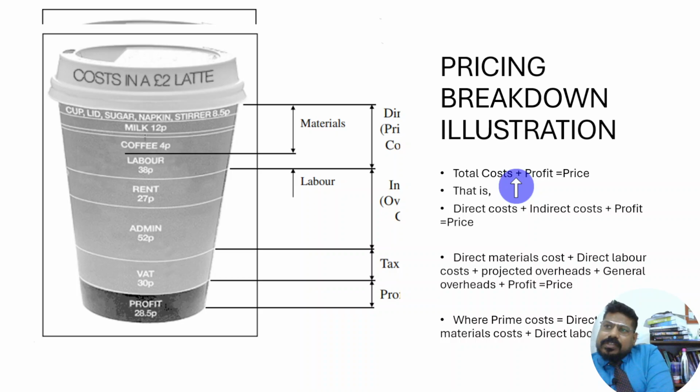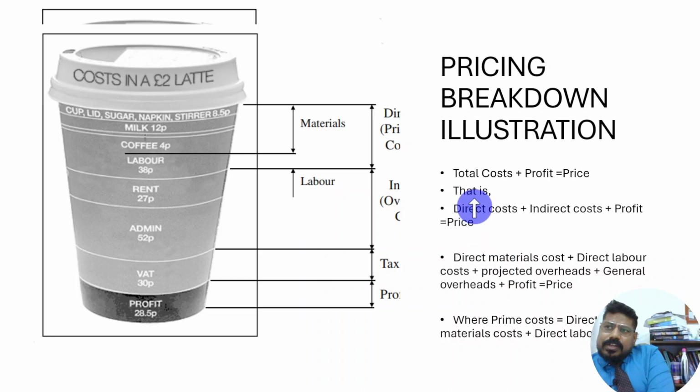The total price is total cost plus profit. Cost is further divided into direct cost plus indirect cost, plus profit is equal to price.